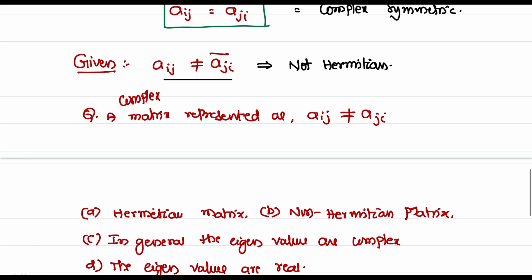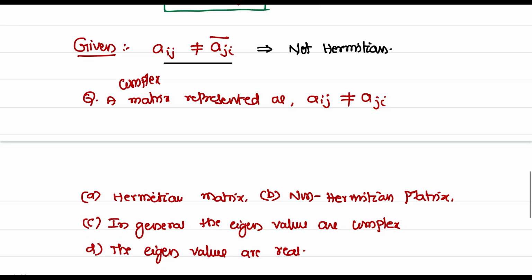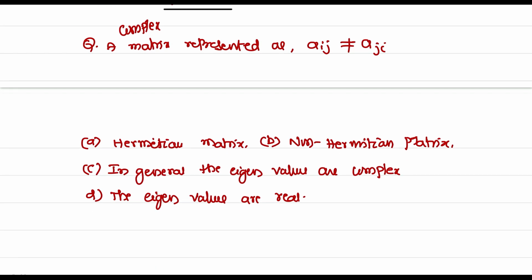Here, first we have already decided that a complex matrix is represented as Aij is not equal to Aji. Then we have found out that it is not a Hermitian matrix. This is correct. Hermitian matrix, this answer is wrong. Next, we have to talk about the eigenvalues. The eigenvalues of a Hermitian matrix are always real.